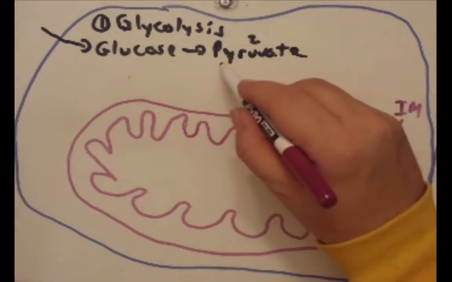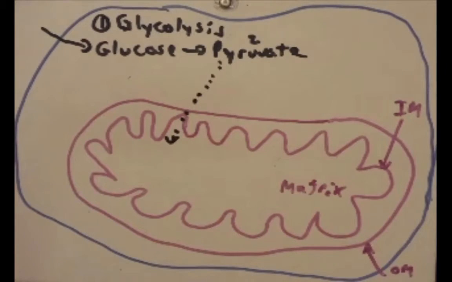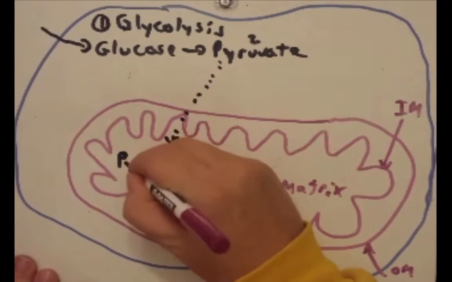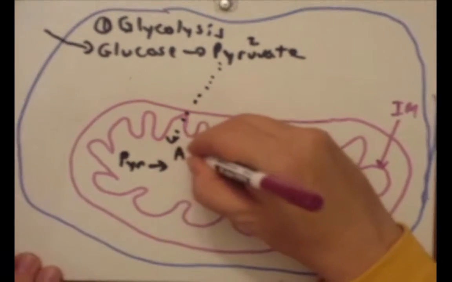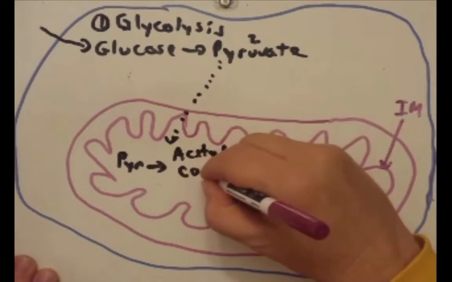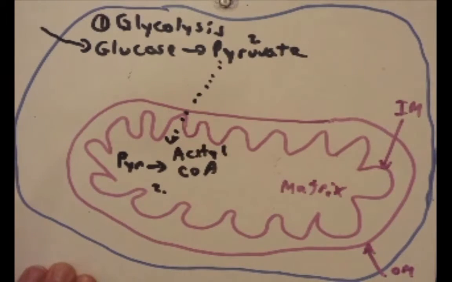The pyruvate now will go inside the matrix. Inside the matrix, this pyruvate, and I'm going to abbreviate this as just PYR, is taken into, and transformed into acetyl-CoA. And this is our second step of cellular respiration.